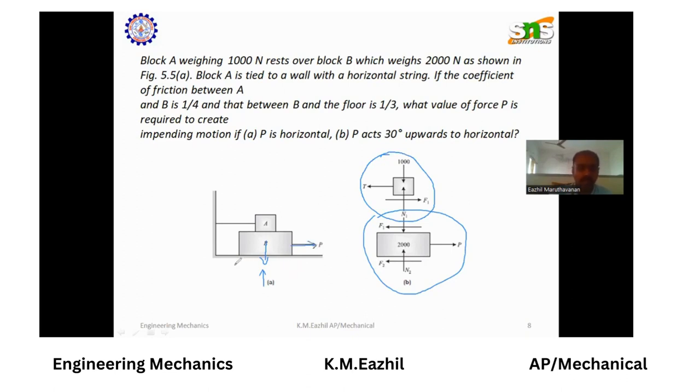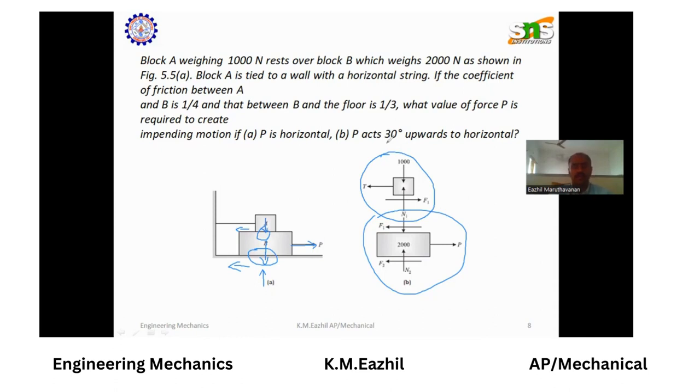Therefore, the frictional force will be at 2 contact points. One is between the block and the floor, the other is between the blocks. So the friction force F2 over here, and another friction force F1 over here, in the opposite direction of the applied force. Block A's weight will be acting downwards, therefore the reaction force N1 acts in the opposite direction.